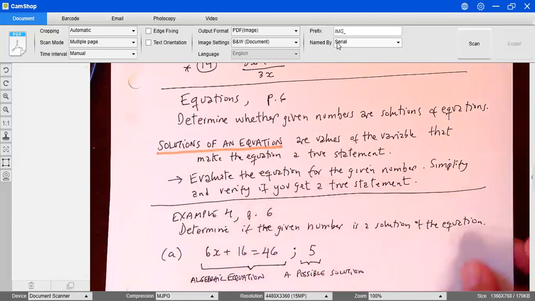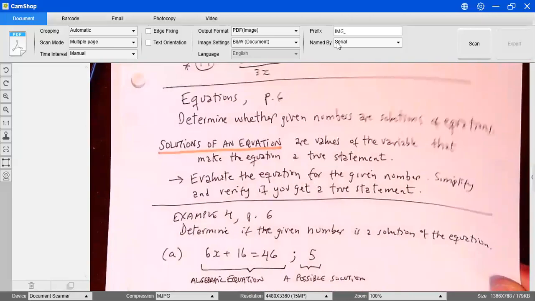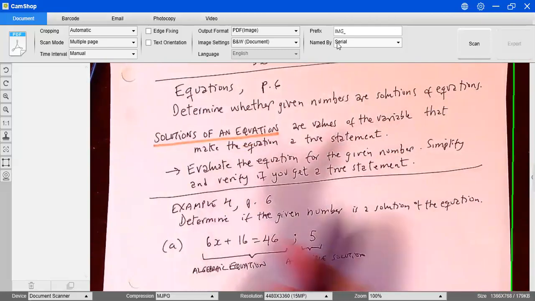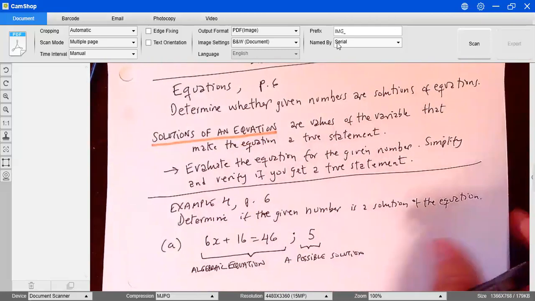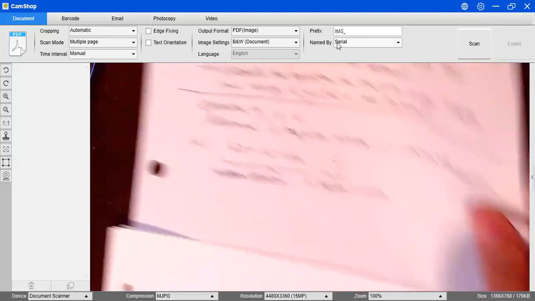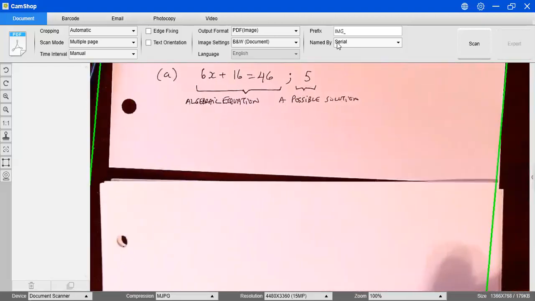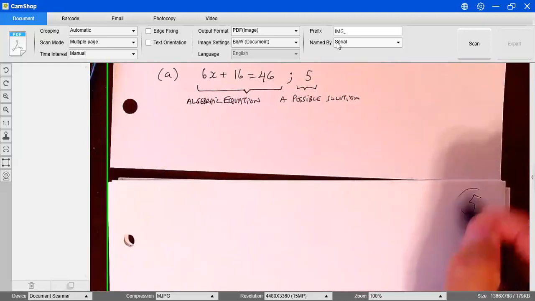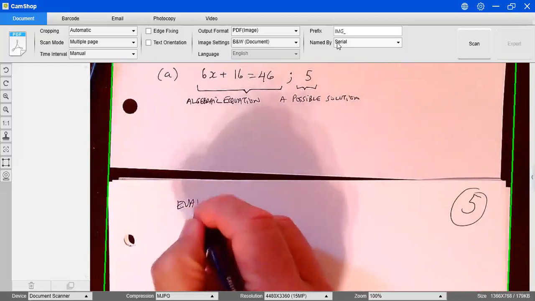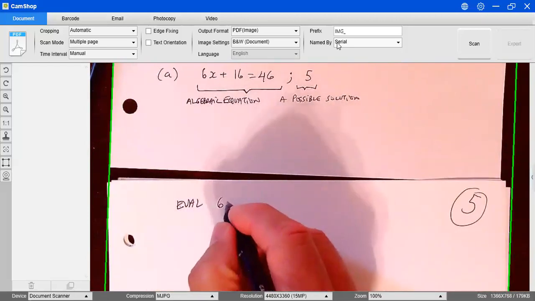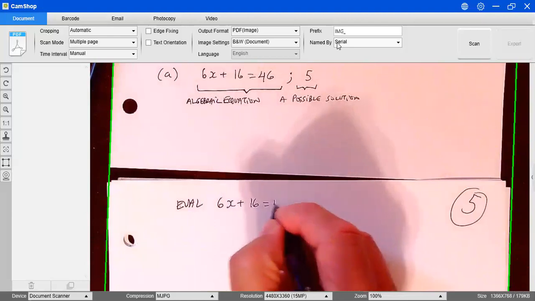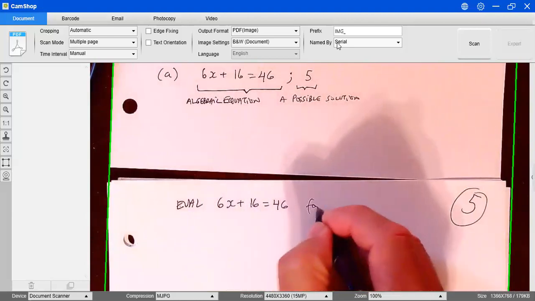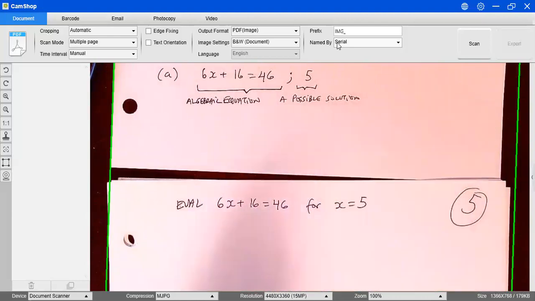So the way that we're going to verify that is that we're going to evaluate the equation for this number. We're going to write here that we're going to evaluate 6x plus 16 equals 46 for x equals 5.